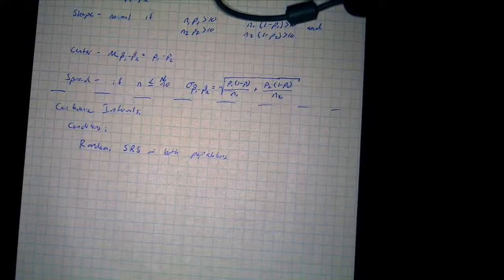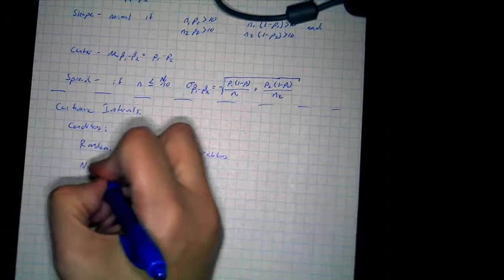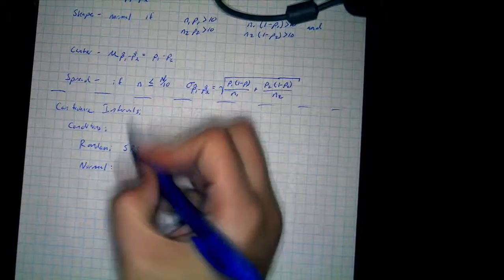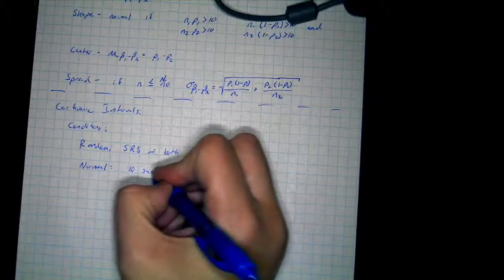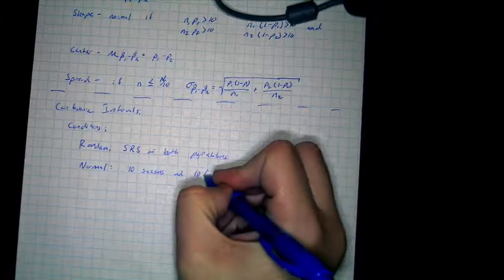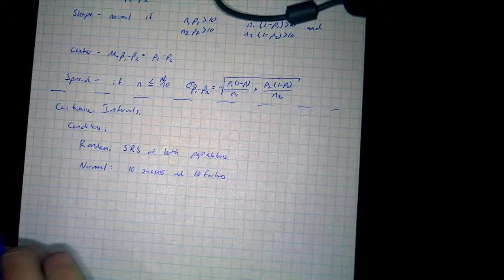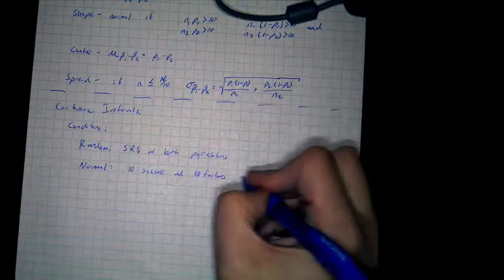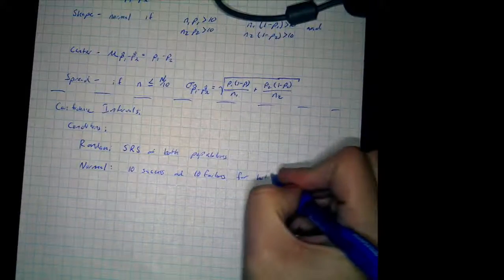Normal. So random, SRS both populations. Normal. We're going to be looking for 10 successes and 10 failures for both samples.